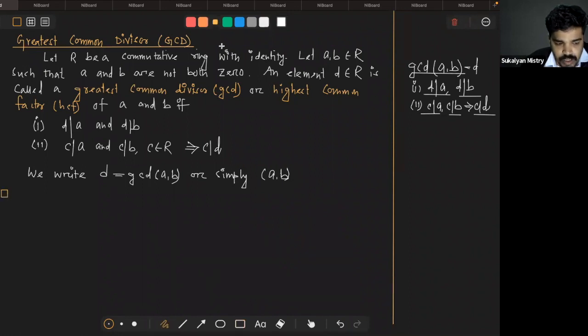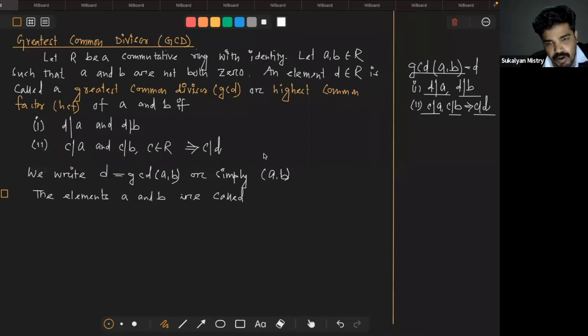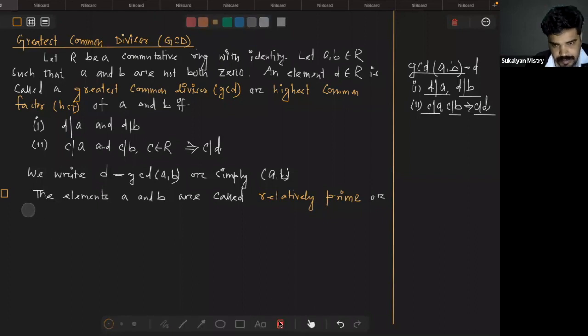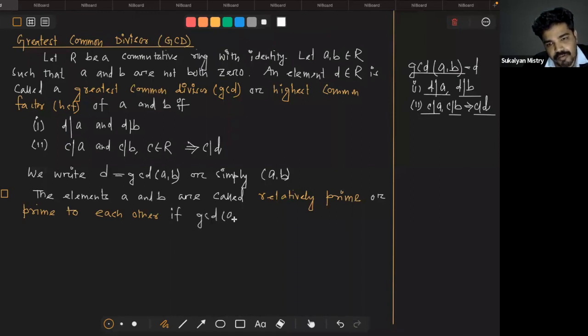So the elements a and b are called relatively prime or prime to each other if GCD of a and b is a unit.